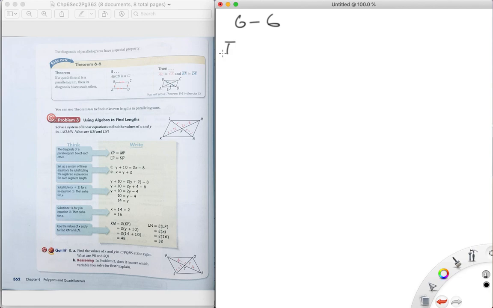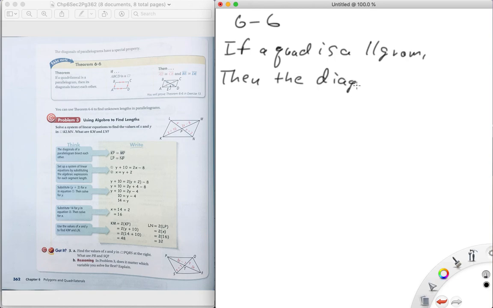So if a quadrilateral is a parallelogram, diagonals bisect each other. Okay.